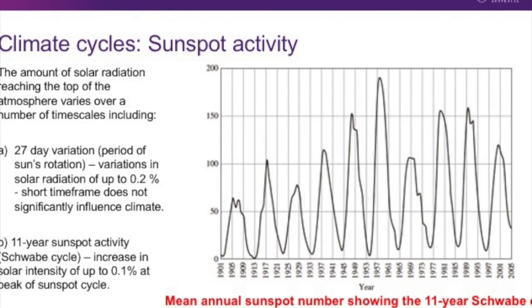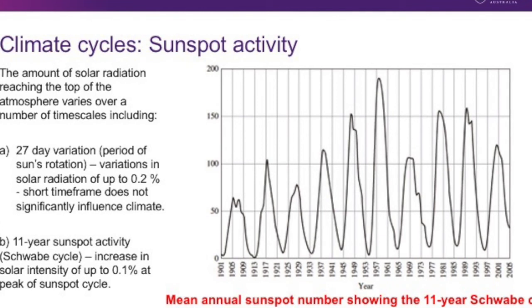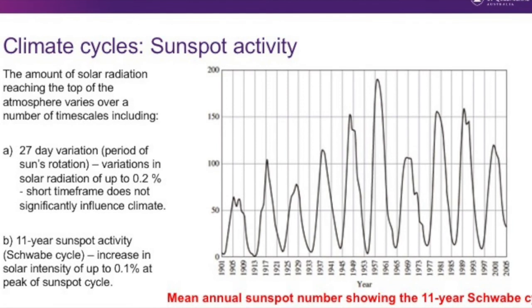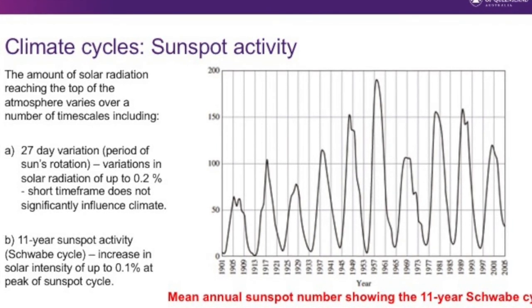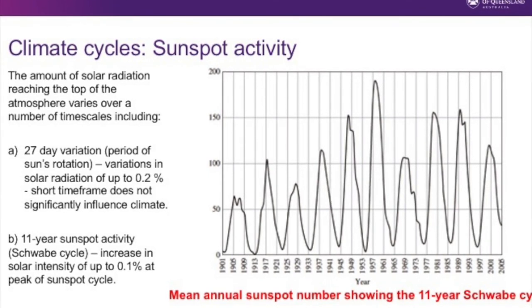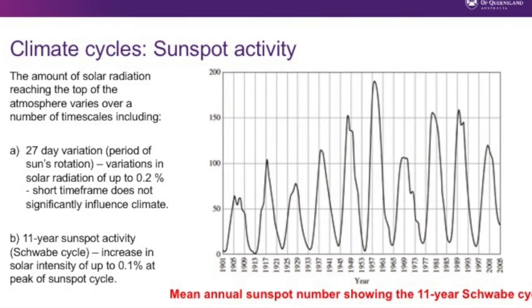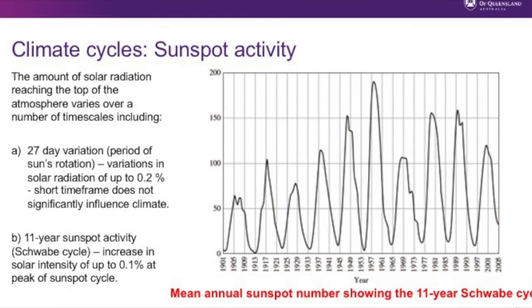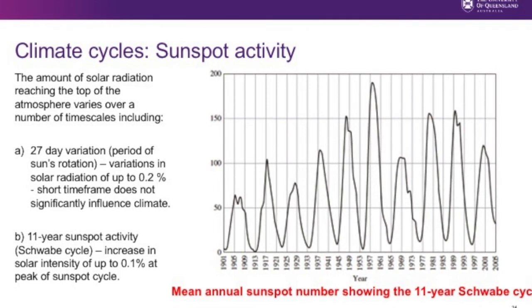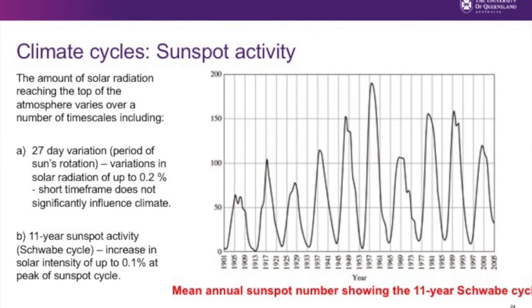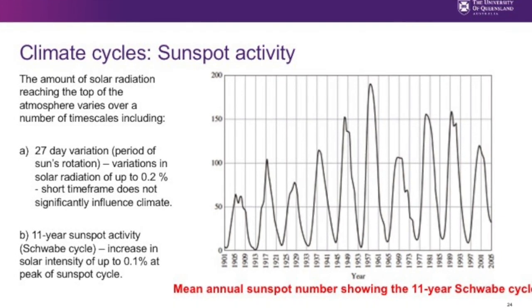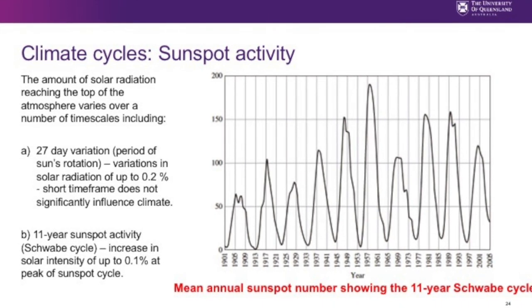But the other one of more significant importance is the 11-year cycle that I was talking about. During peak periods of magnetic solar activity, the surface has large numbers of cooler, darker regions called sunspots. And these sunspots can block some solar radiation. But the key thing is that these sunspots are accompanied by other regions called faculae, and these are brighter than the surrounding surface.